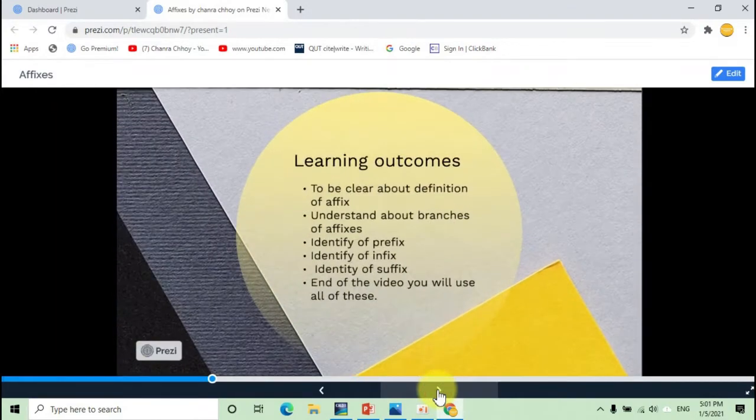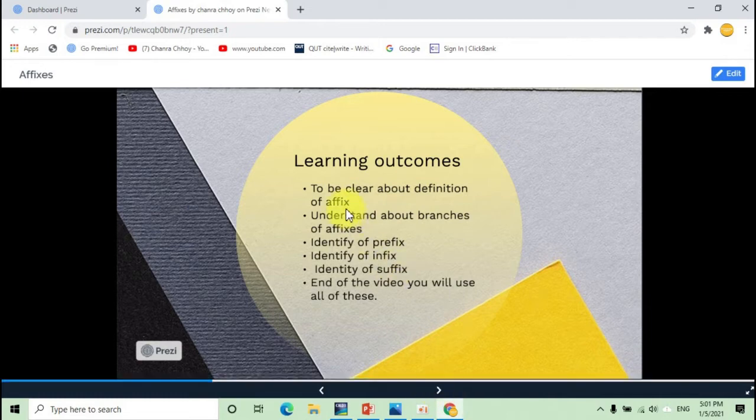So we go to number two, the learning outcome. Learning outcome means predicting the result or outcome after you learn from this video. You will be clear about the definition of affixes, understand the branches of affixes, identify prefix, identify infix, identify suffix, and at the end of the video you will use all of this.